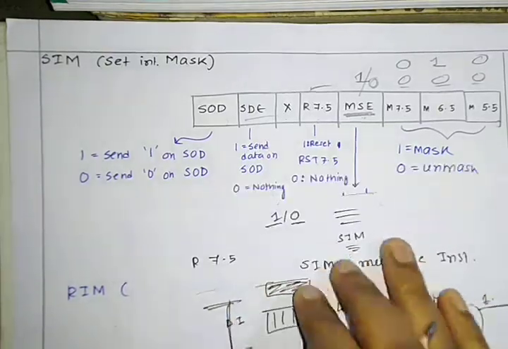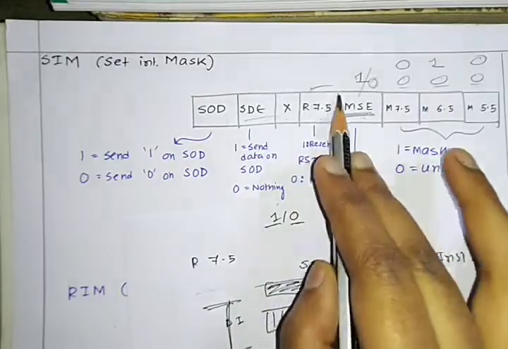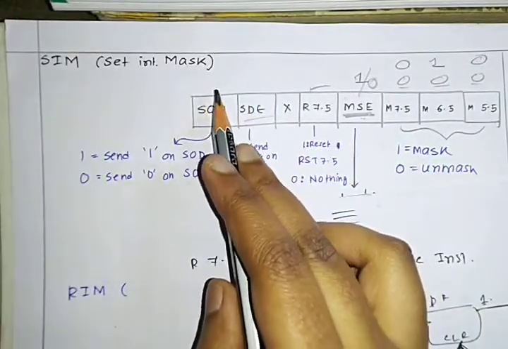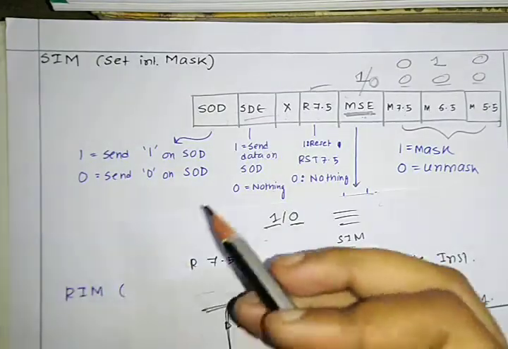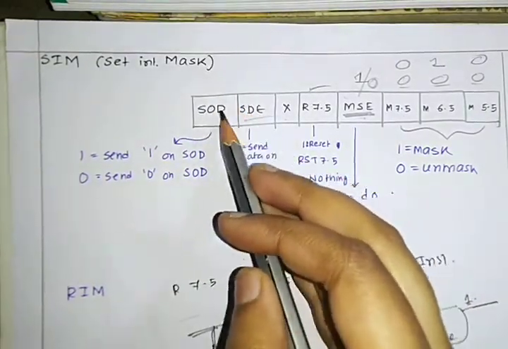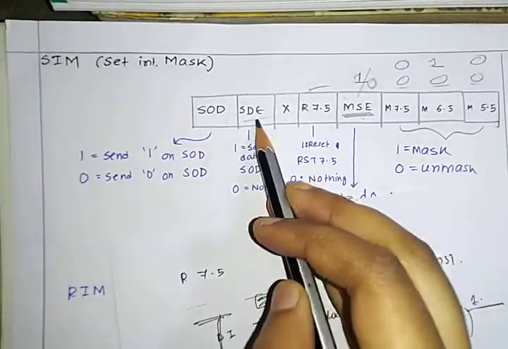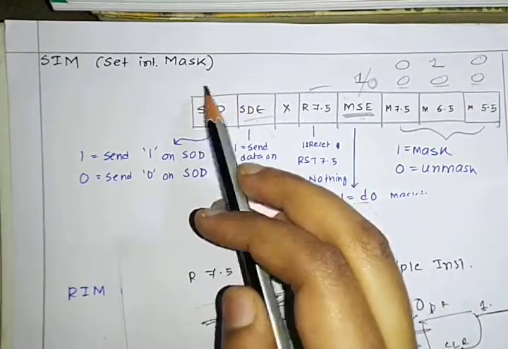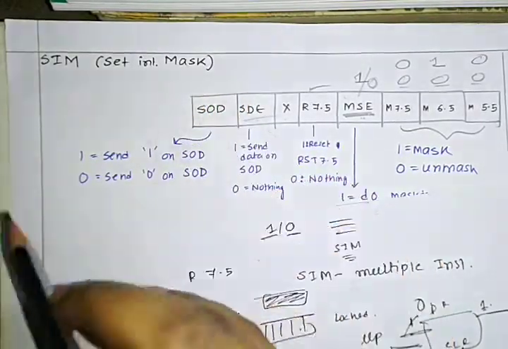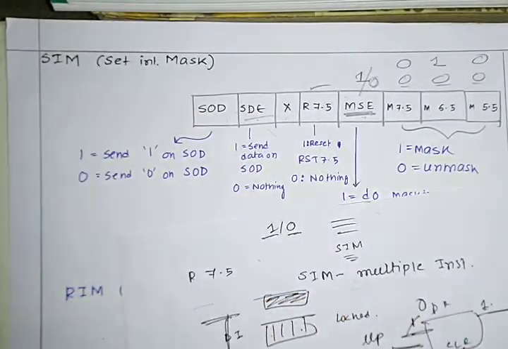You can't keep the bits void; either you have to put 0 or 1. If you put 1, it will send the data 1. But suppose I don't want anything from that, so I need to disable this pin at that point. This is why the SDE pin is important. This pin gives you the permission to store either 1 or 0, so that no misprogramming happens while doing other programs.